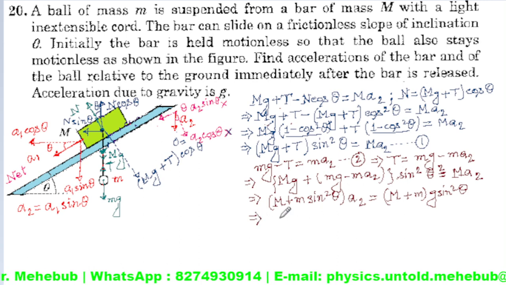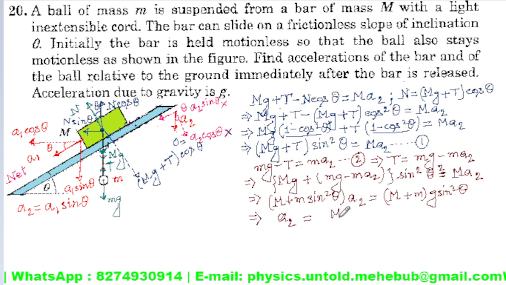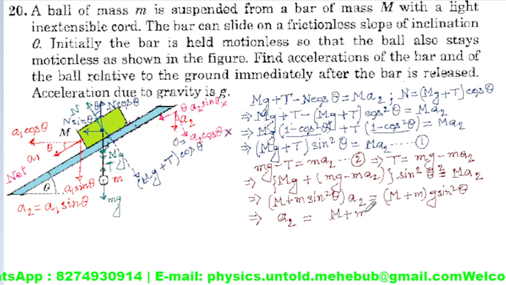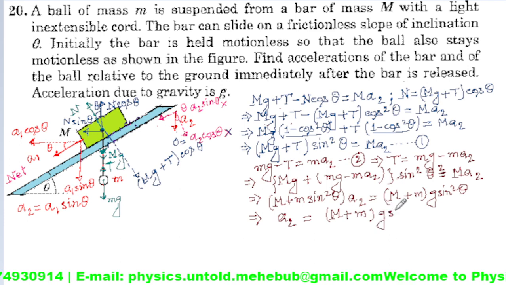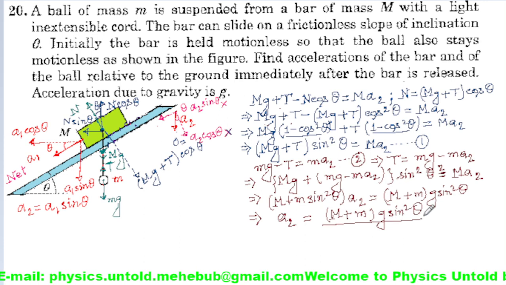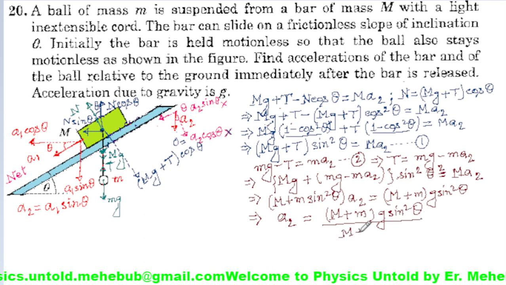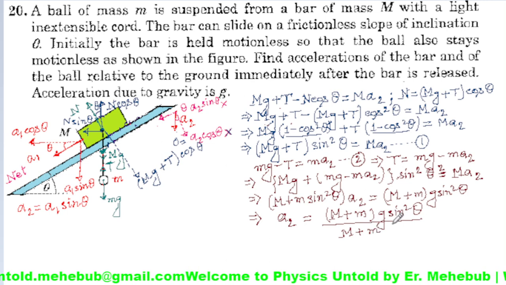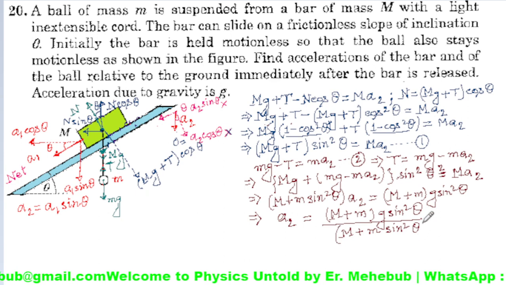From this equation we can find the value of a2, which must be equal to capital M plus small m into g sin square theta, whole divided by capital M plus small m sin square theta.